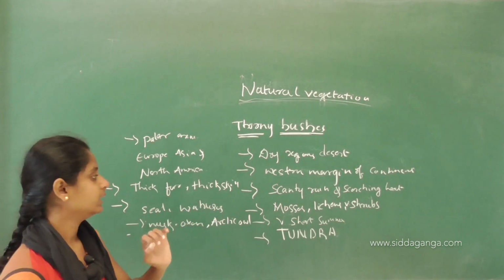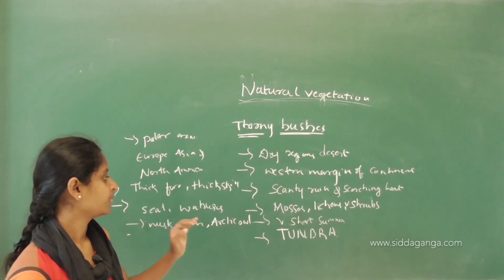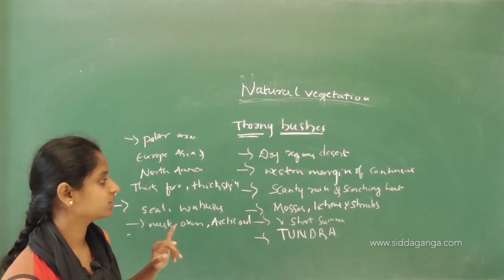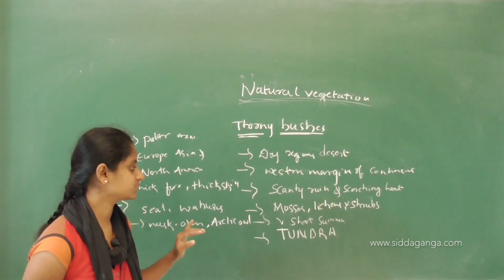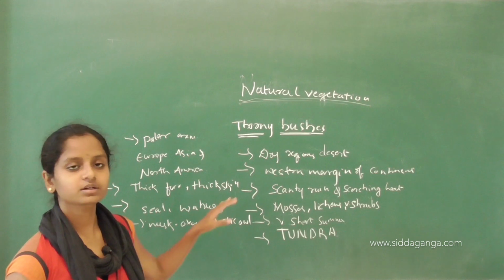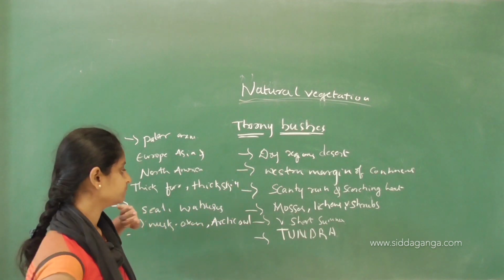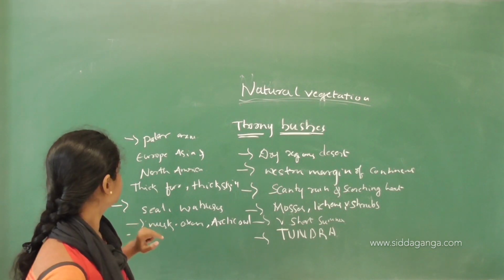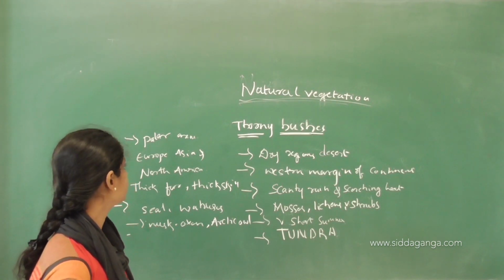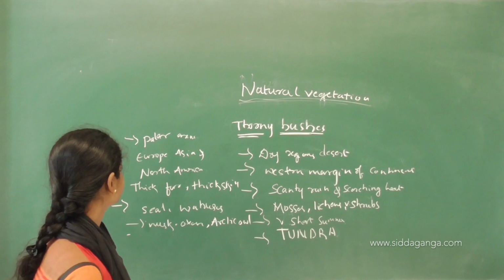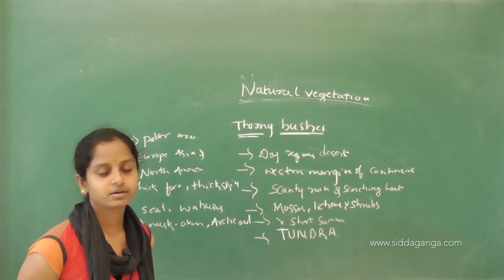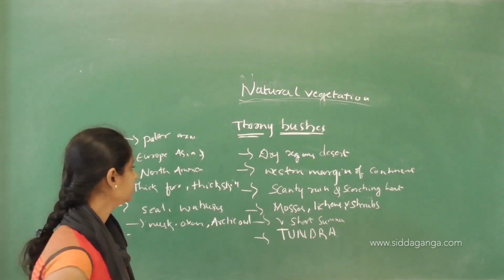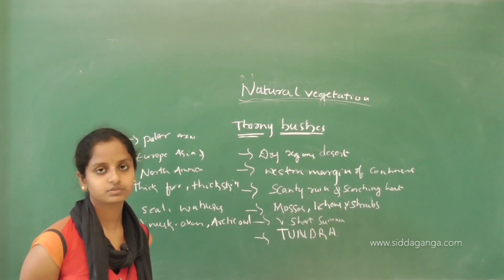Heat will be more, that is why less vegetation. Then here we can see mosses, lichens and very small shrubs, and a very short summer. These are also called tundra, and can be seen in the polar areas like Europe, Asia and North America.